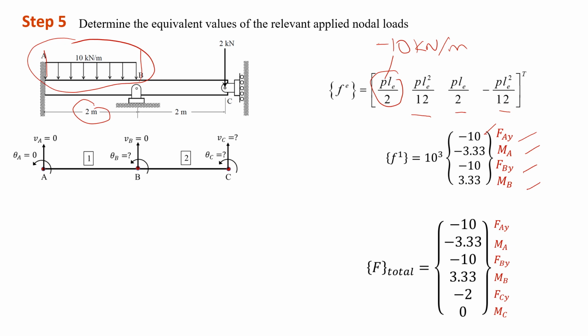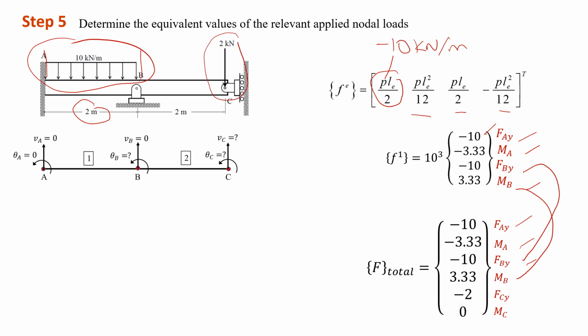So at each point, we should have vertical force and moment. For example, in this case, at point A, we have negative 10 and negative 3.33 for moment. At point B, coming from this value, we have 10, negative 10, and moment 3.33. While at point C, we have an applied load.